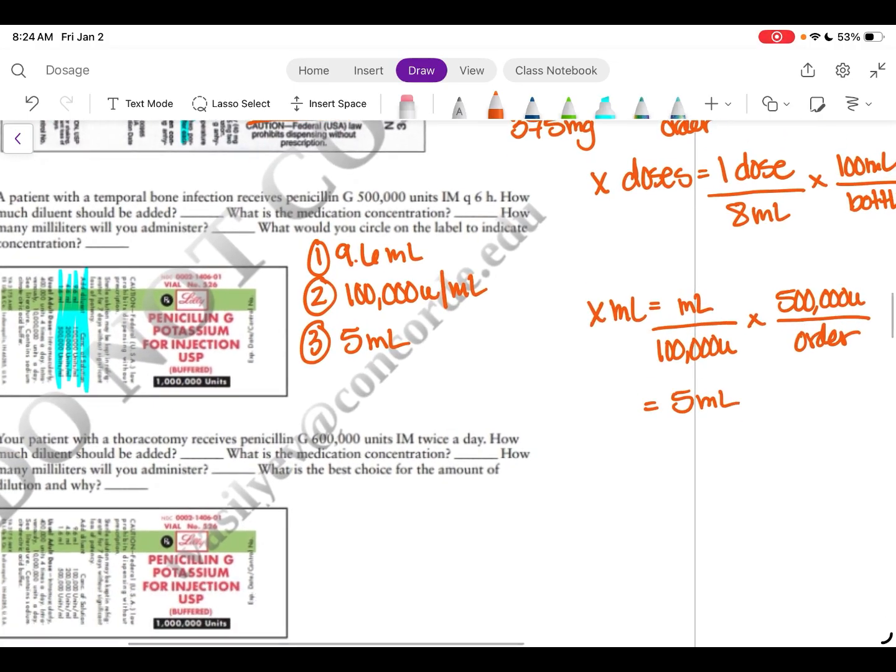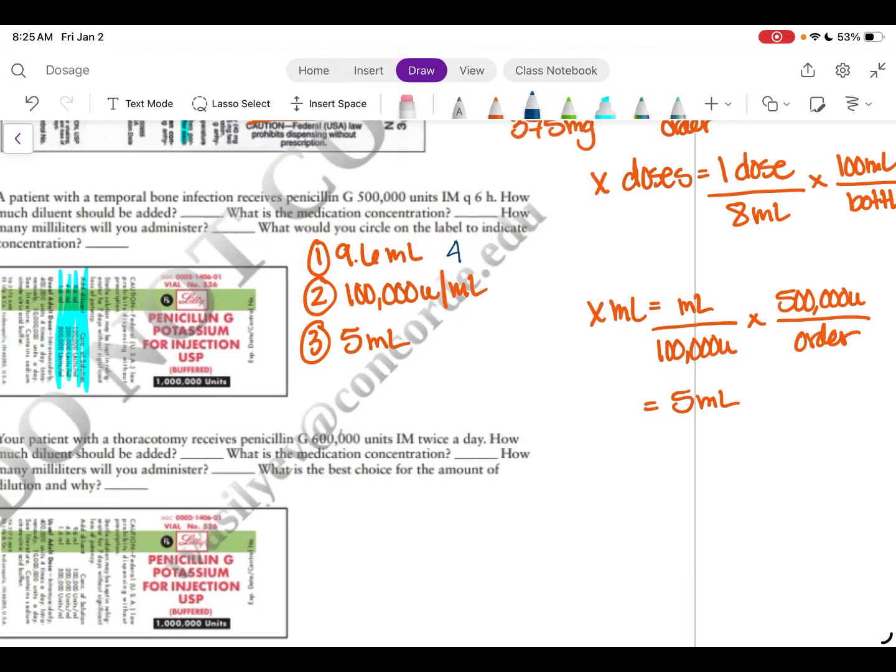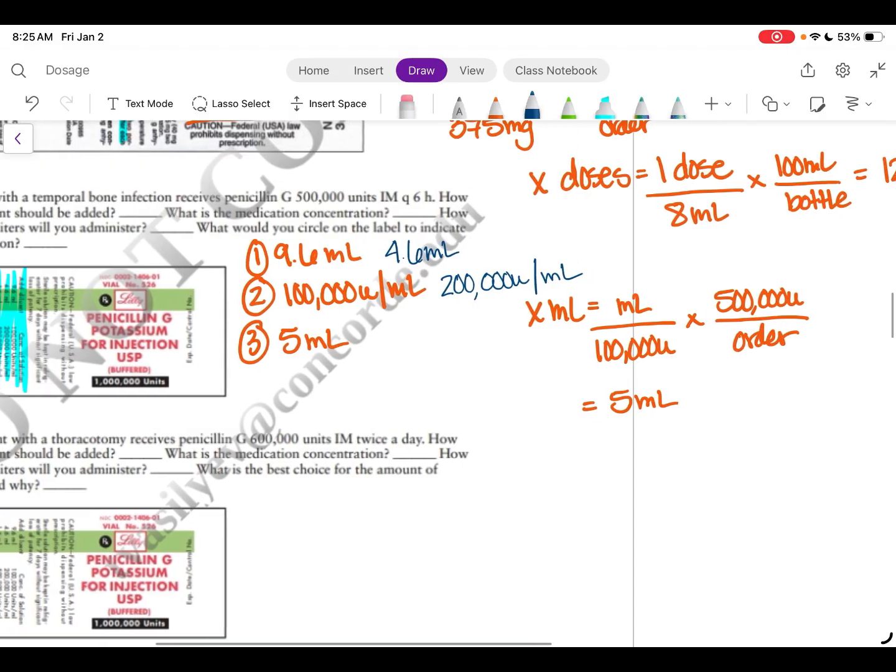Now what you could do, right, is if for number 1 you didn't want to do 9.6, you could say 4.6. Oh, let me make that a little thicker. Right, 4.6, but then your concentration is 200,000 units per milliliter. So then to solve the third question, how many milliliters will you administer? You have to use that concentration, right?